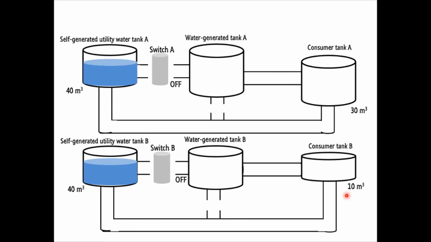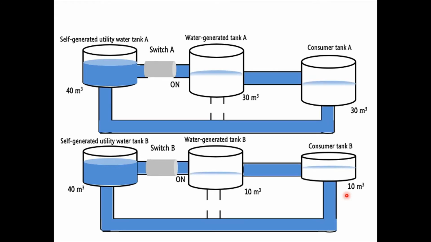Firstly, switches A and B are turned on to allow the water-generated tanks to generate and store water according to the consumer's demand. At this moment, we can see there is a continuous water flow between the utility, water-generated, and consumer tanks.